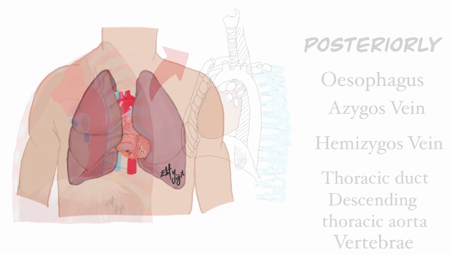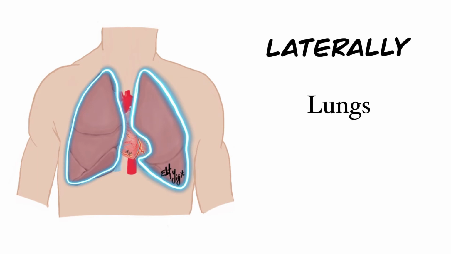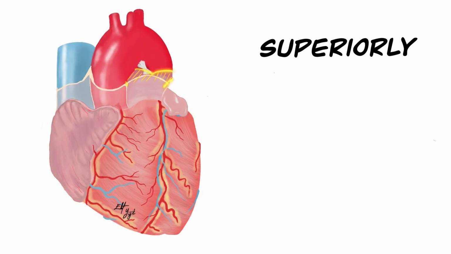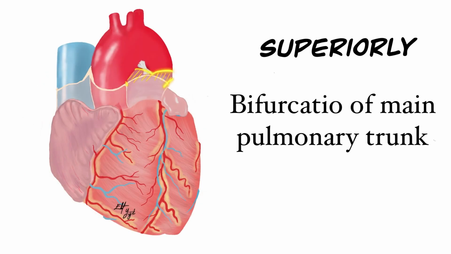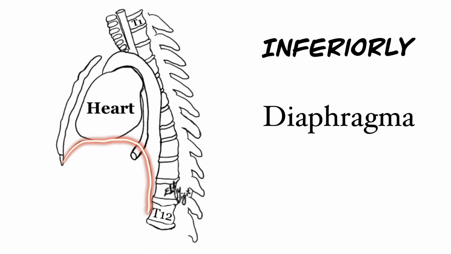The lungs are located on the right and left sides of the heart, so it is related laterally with lungs and pleura. Superiorly, it is adjacent to the bifurcation of the main pulmonary trunk. Moreover, on the lower side, which is inferiorly, the heart is adjacent to the diaphragm.